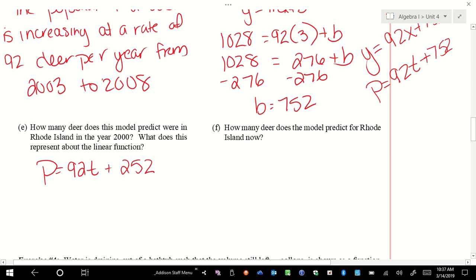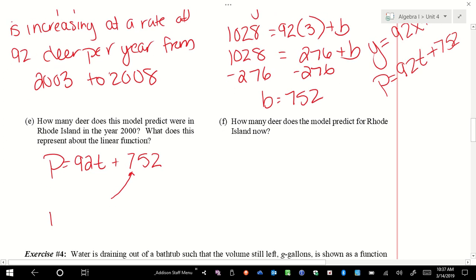It should be your y-intercept. What is your y-intercept in this case? So 752 is your population. If you didn't know that, you can just plug a 0 in and it would give you the same answer. P equals 752.